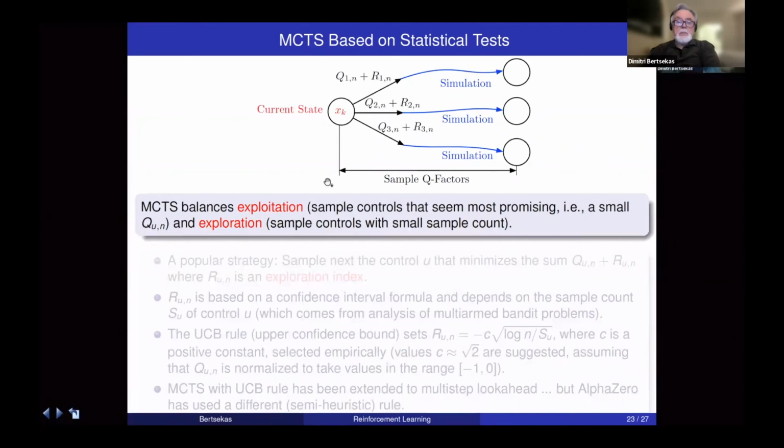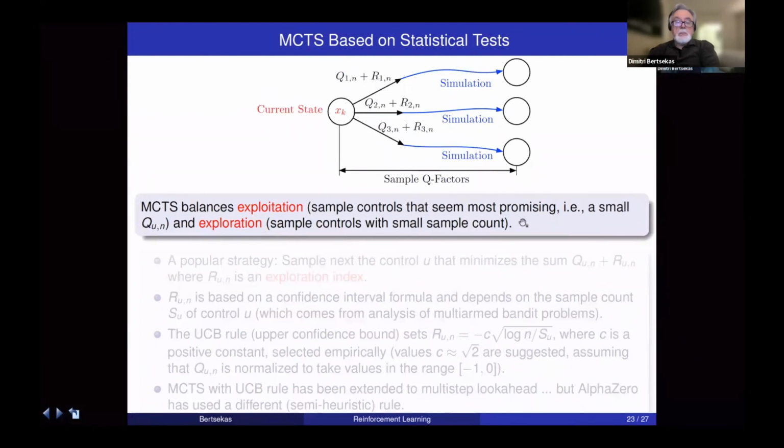So, from the previous slide, we are at a given state. We have generated n samples, and we have exploitation indices for each one of these controls. However, the problem is that some of the other controls that may have bad exploitation indexes may not have been explored sufficiently. They may not have been allocated a sufficient number of simulation samples.